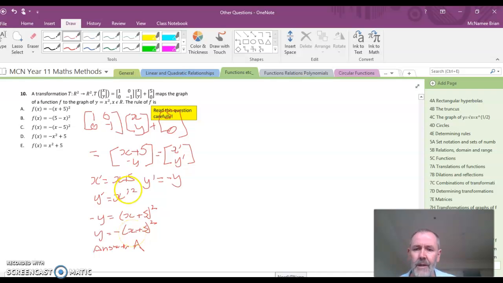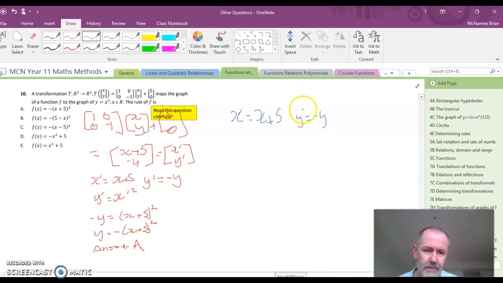Okay, so that's the question. I'm going to change colours just to show that I'm changing tack here. If the question had instead said this transformation transforms y equals x squared into something else, then we still would have had the same matrix equation and still would have come out with the same result: x dashed equals x plus 5, y dashed equals minus y.